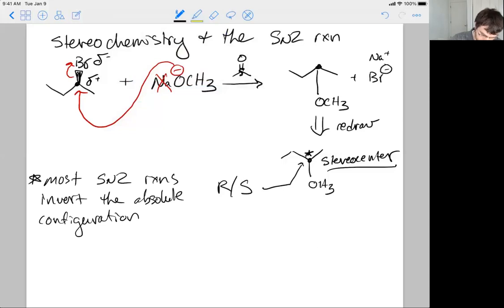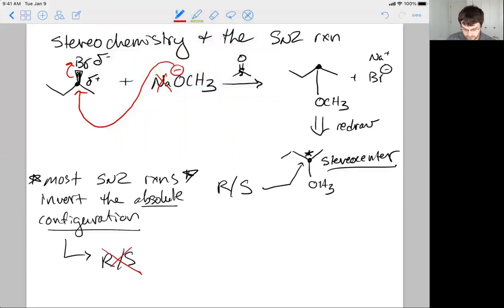Now, this is a critical point. What that means is when you hear absolute configuration, you want to think R/S. That is okay, and it works about 90% of the time.